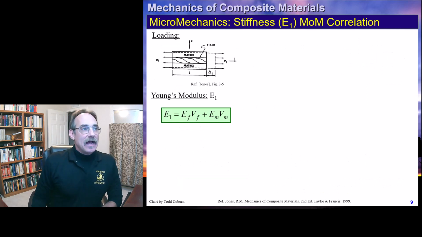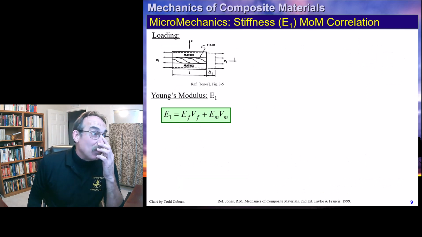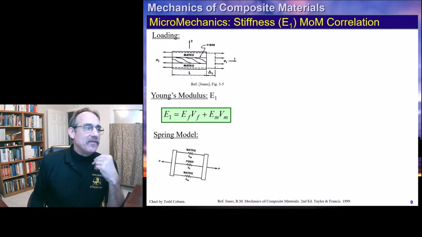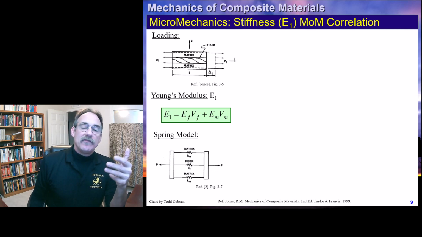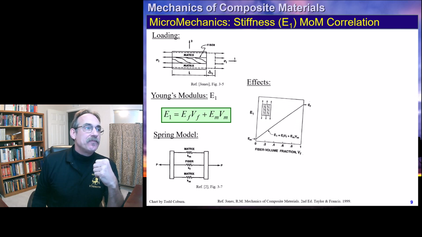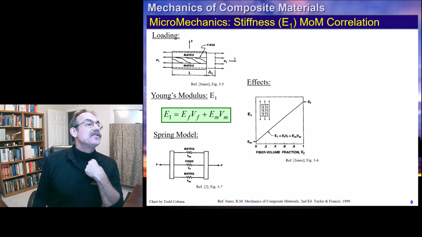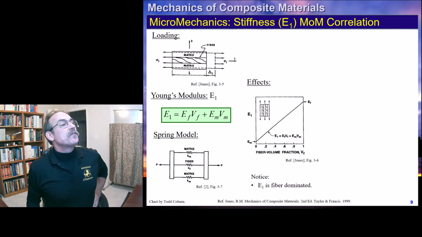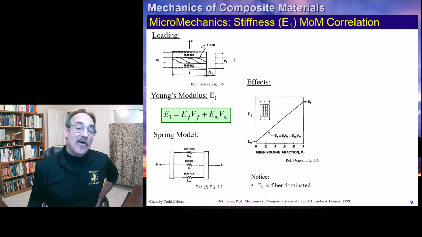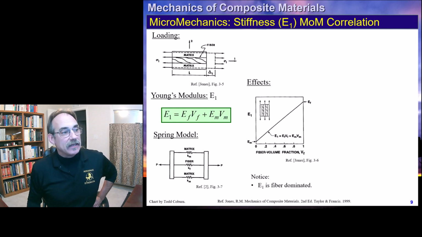Let's go ahead and look a little further at this. This is what we developed on the last slide. We could think of this as a spring model where we've got multiple elements acting in parallel in a spring. This is the way it behaves. We see that modulus, if we have no fiber, is going to be the matrix value. If it's all fiber, it's going to be the fiber value. And in between, it's basically going to be a linear straight line.